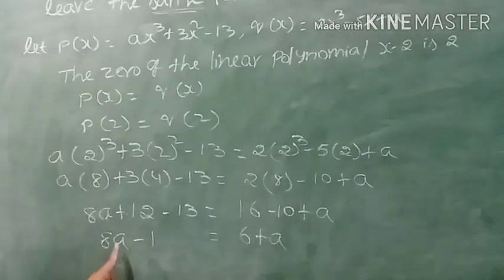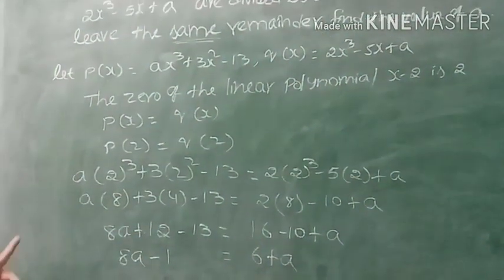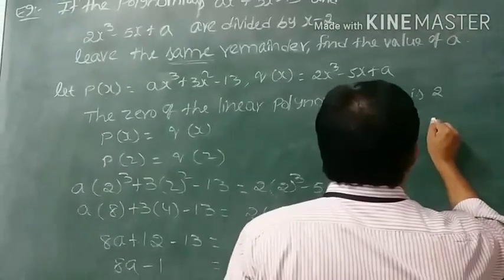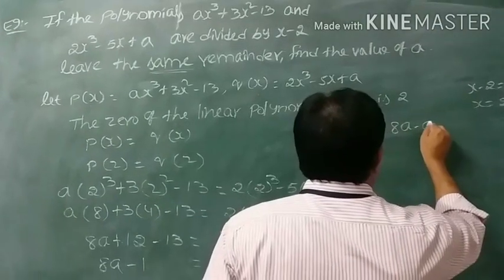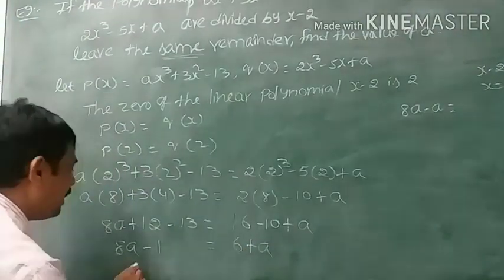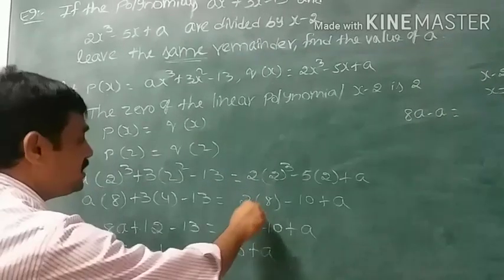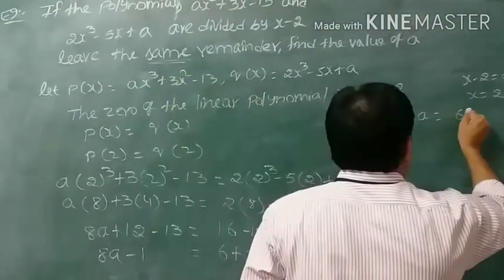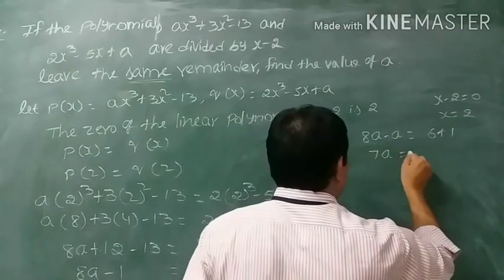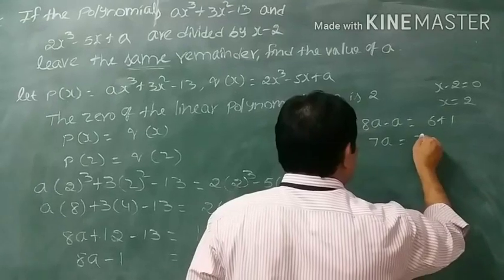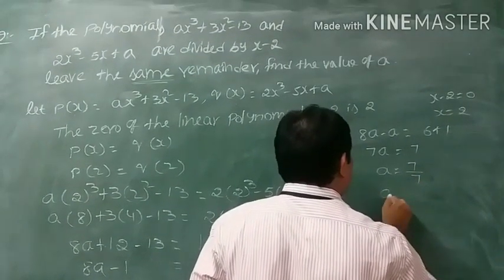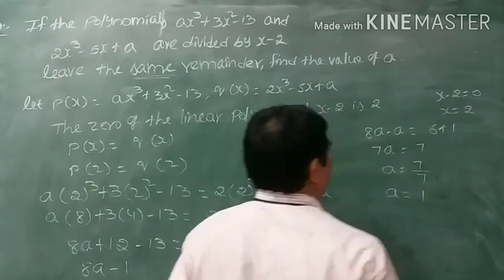Now on both sides a is a variable, so the plus a on that side becomes minus a, and the minus 1 on this side becomes plus 1. So 8a minus a is 7a, equal to 6 plus 1, which is 7. So a is equal to 7 by 7, which means we get 1.